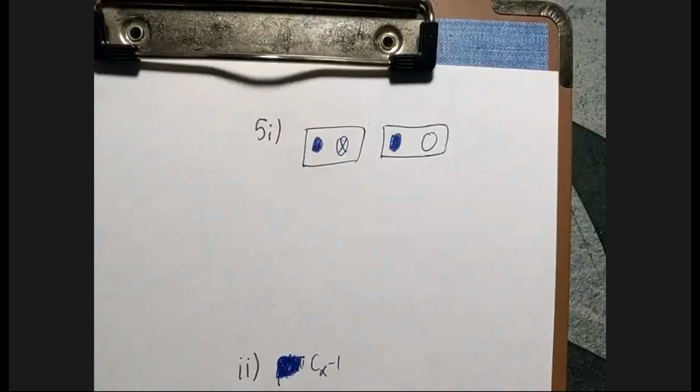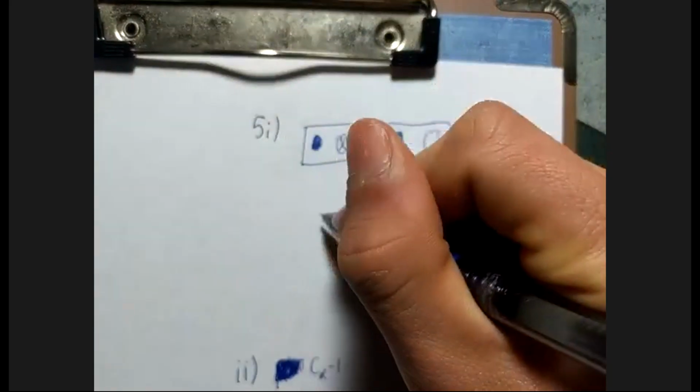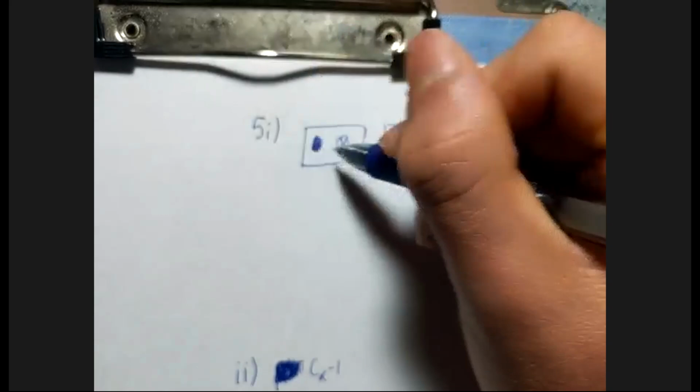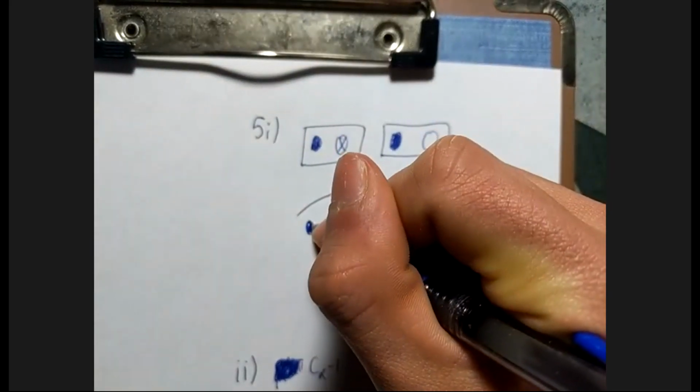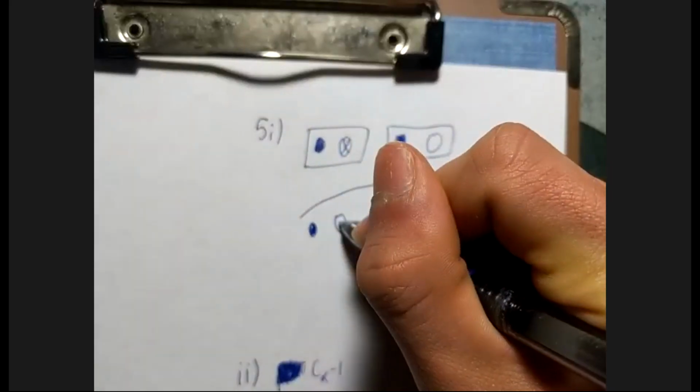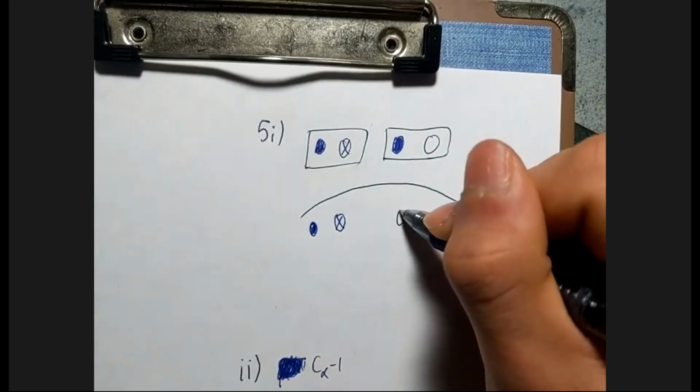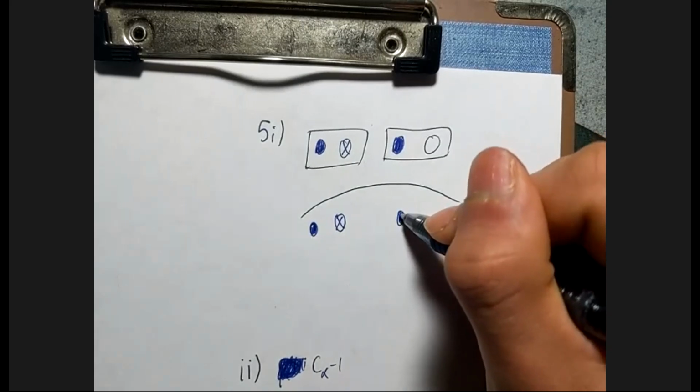So for the first part of question 5, you are given this top-down view from the major groove of a base pair. Now I can redraw this as, since you know the top is the major groove, you can write the major groove here, where this will be your H1 acceptor, this will be your H1 donor, and then on the other side you will have your H1 acceptor and your methyl group.